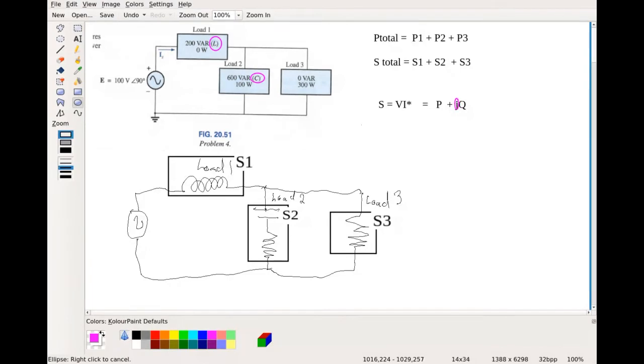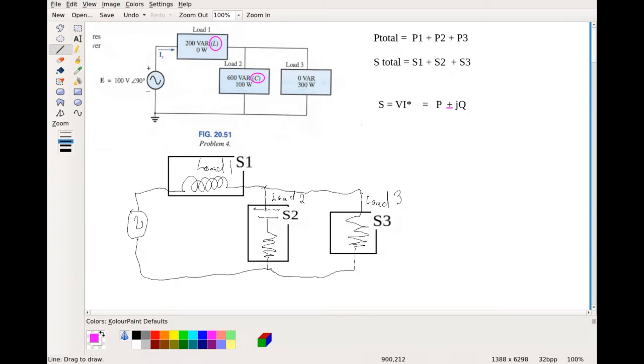So the Q part has a plus or minus j, depending on whether it's a capacitor or an inductor.